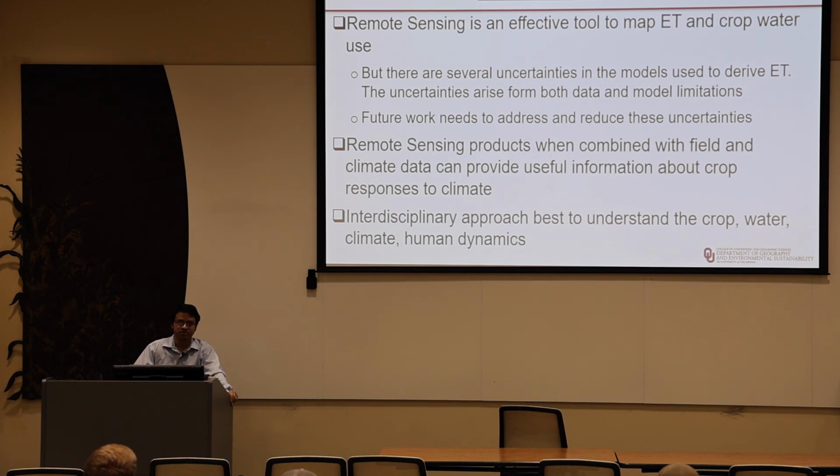For example, we can map ET over time and look at changes and study how the irrigation pattern is changing, how the crop is responding, how the farmers' decisions are changing, things like that. So even given those uncertainties, we can use those products in a way that answers some of the critical water sustainability questions. So that's how we can figure it out.